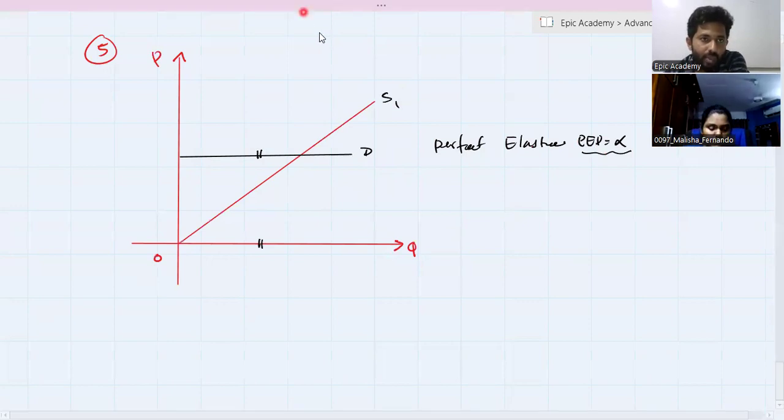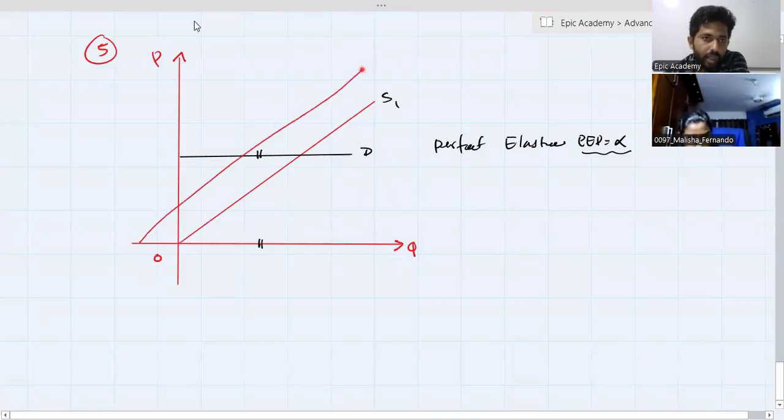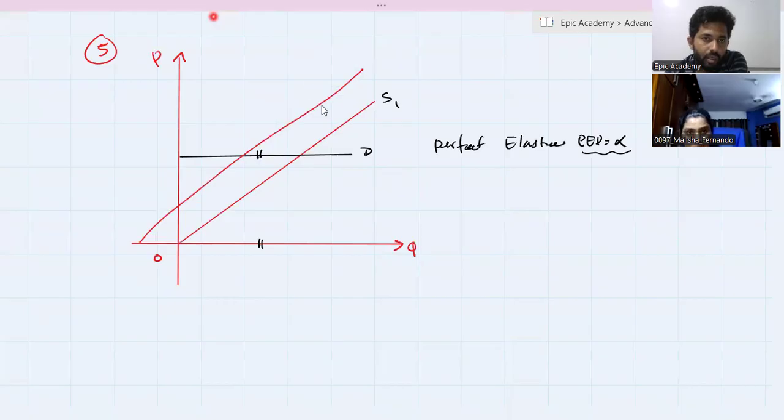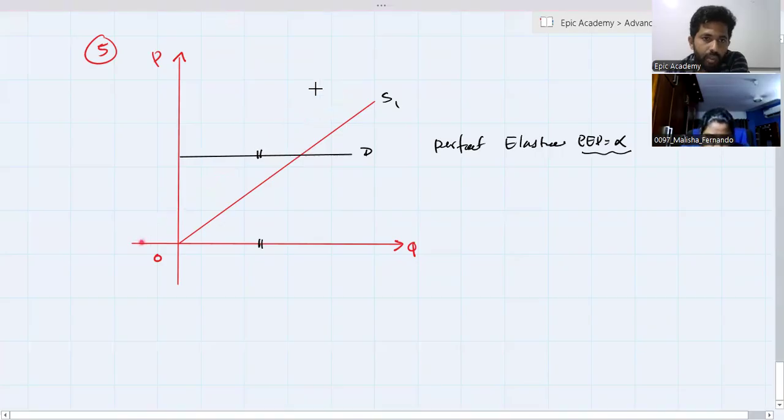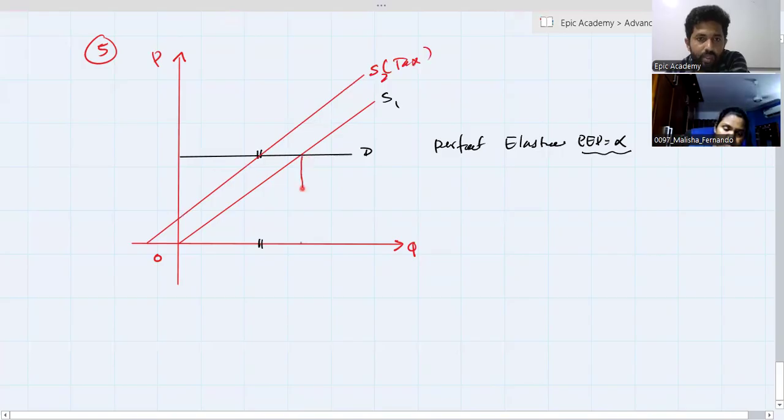After imposing tax by the government, it changed. The supply curve shifts upward, parallelly, compared to the previous supply curve. This is S2 with taxes. Then what happened? There's no change in the price.